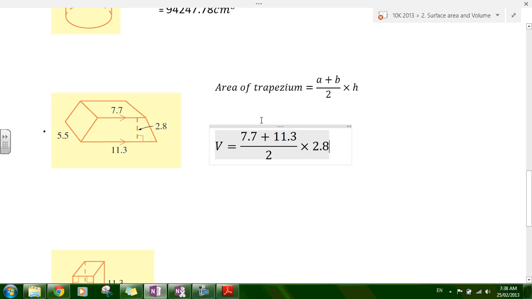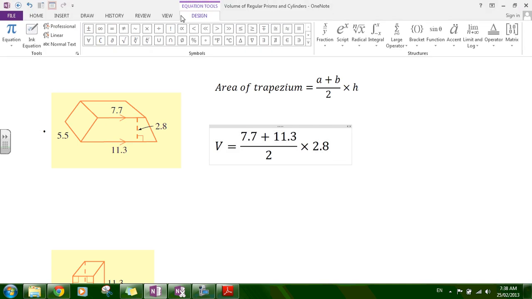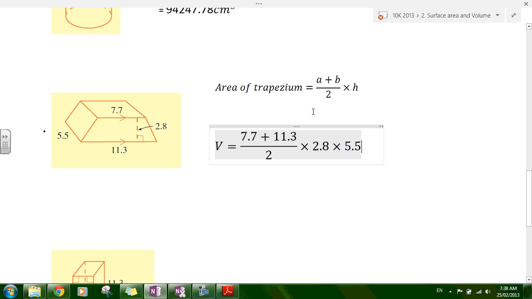And all we have to do with that is then multiply it by the 5.5, which is the length. Multiplied by 5.5. We work that out. That is equal to, go ahead and find it: 7.7 plus 11.3 divided by 2, multiply that by 2.8, and then you multiply that by 5.5.